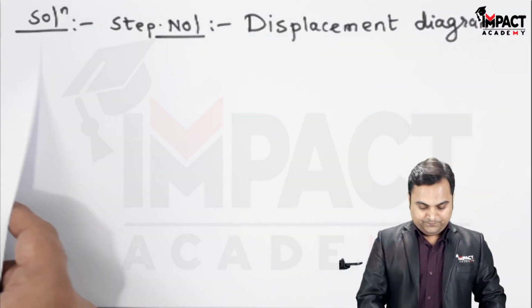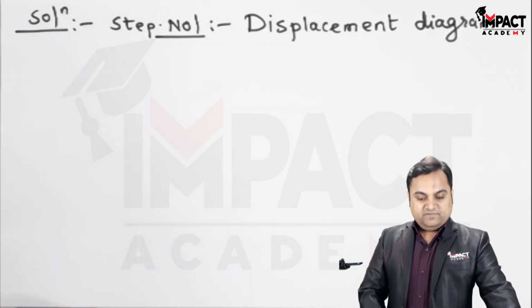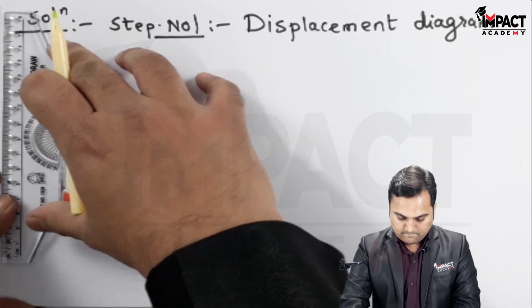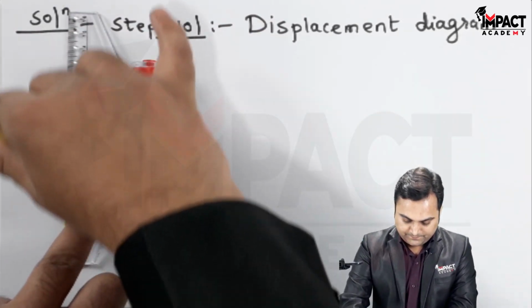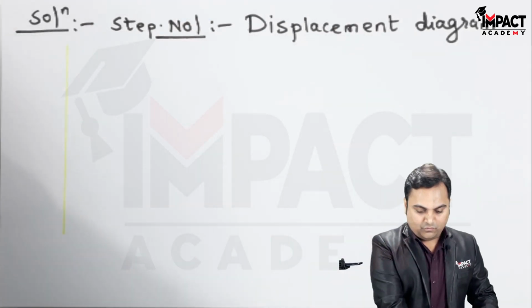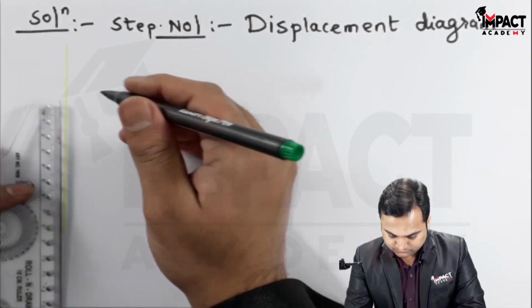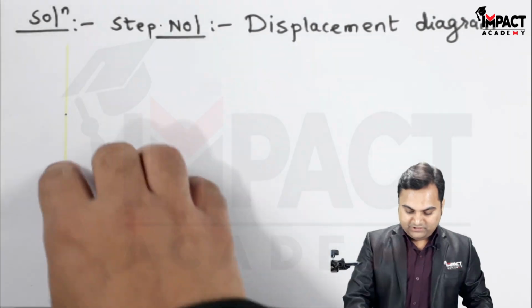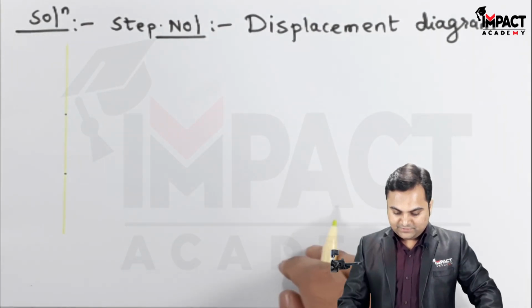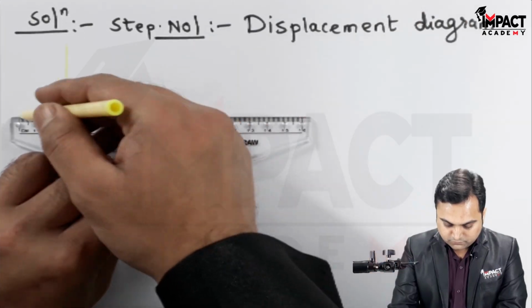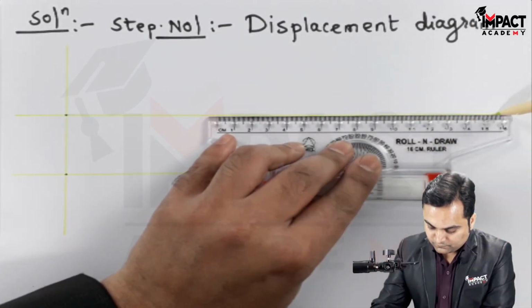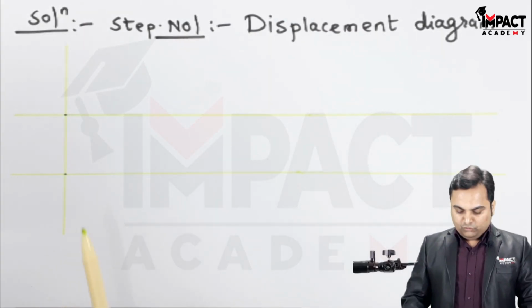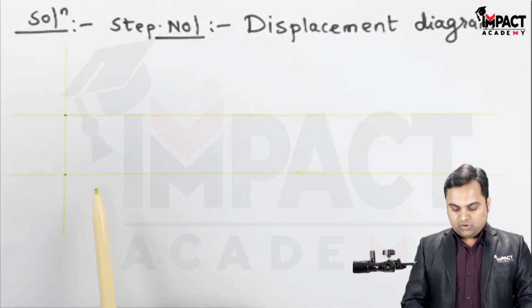For displacement diagram, since the lift or stroke is given as 40 mm, I'll draw a light vertical line, measure 40 mm over it. So this is the lift or the stroke. Then from these 2 points, I'll draw 2 horizontal lines. As outstroke is given as 60 degree, so I would be converting it into a linear distance of 6 centimeter.